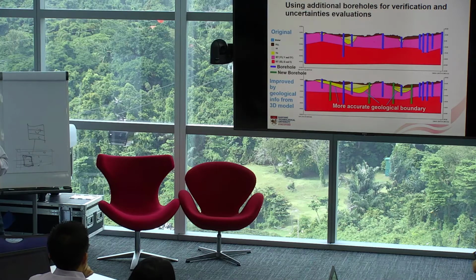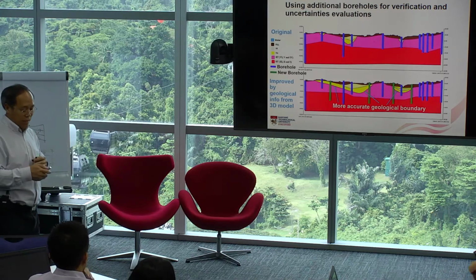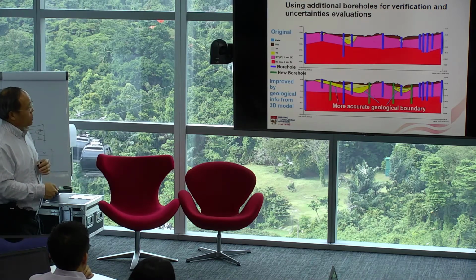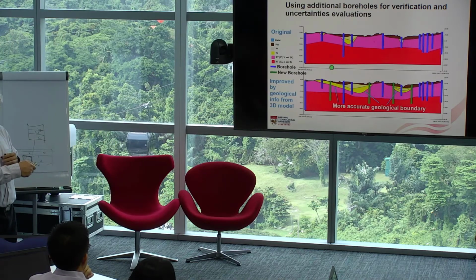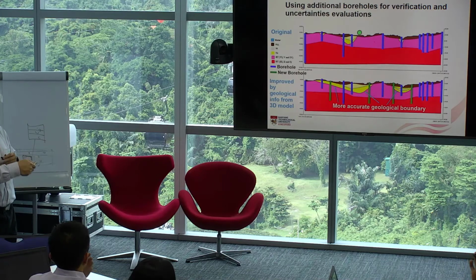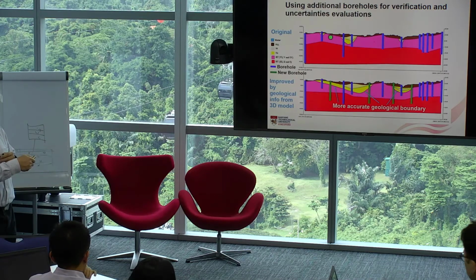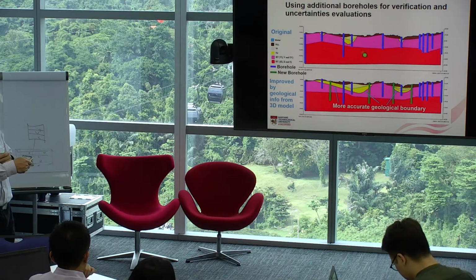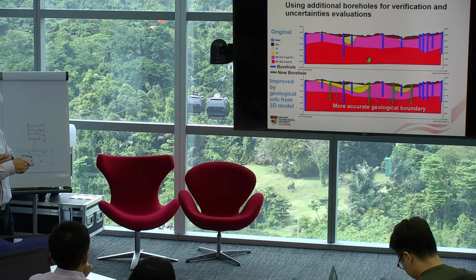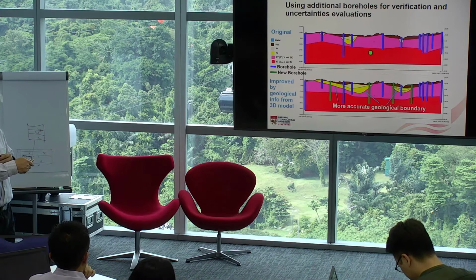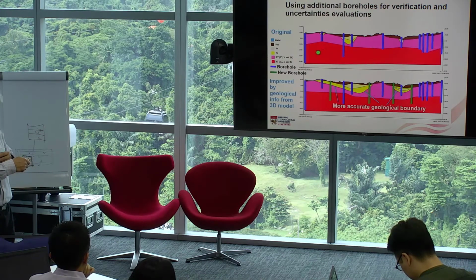I also would like to say a few words on how we estimate the uncertainties. One way is to compare with the real borehole data. We can get additional borehole data from recent projects. From there, we will be able to compare, for example, the rock head. The rock head basically is the weathering grade 3 and below.